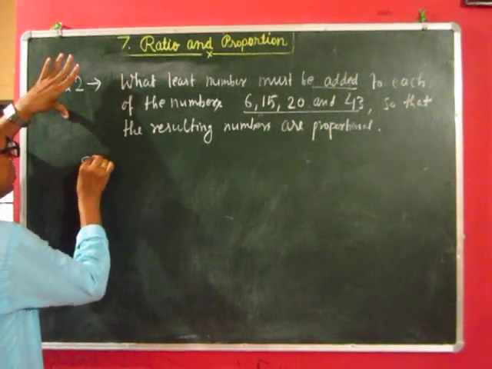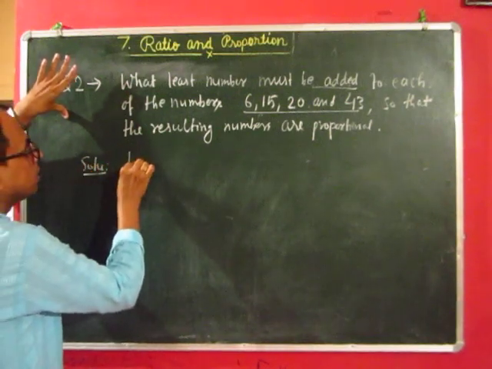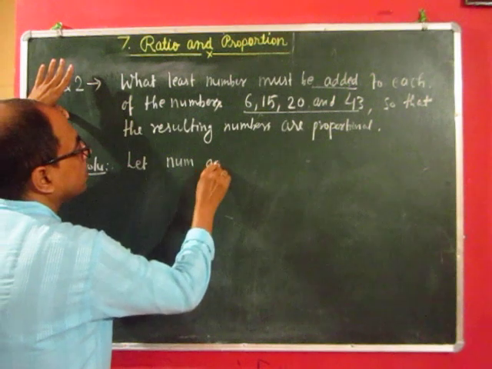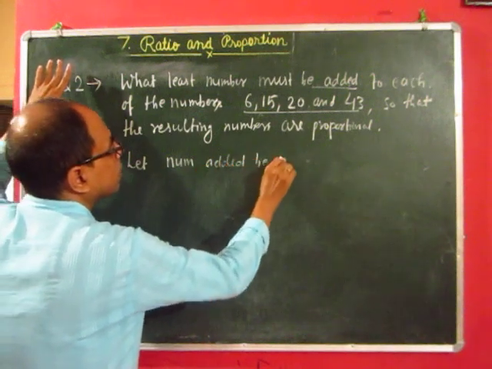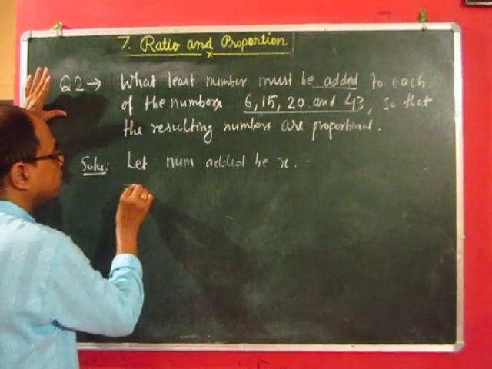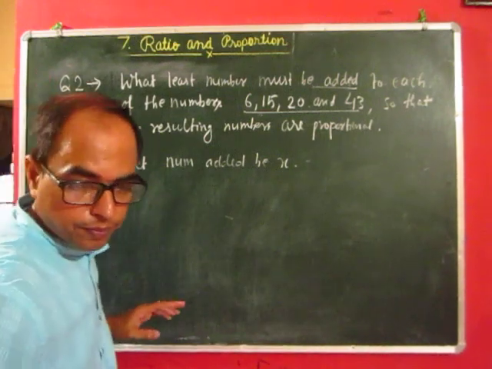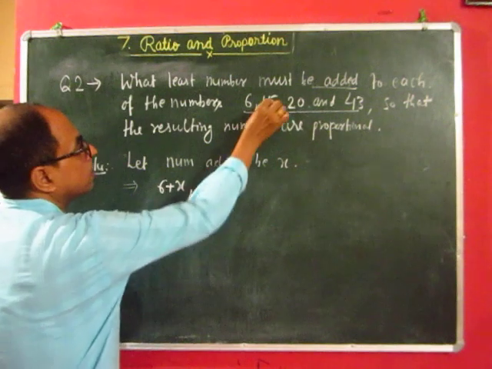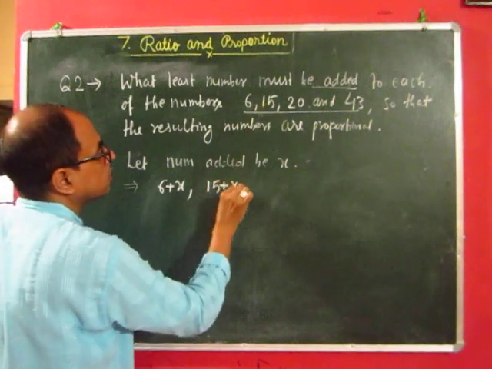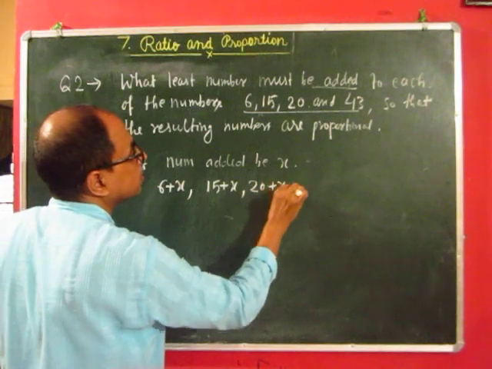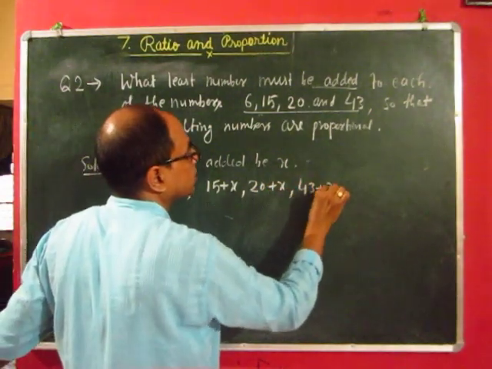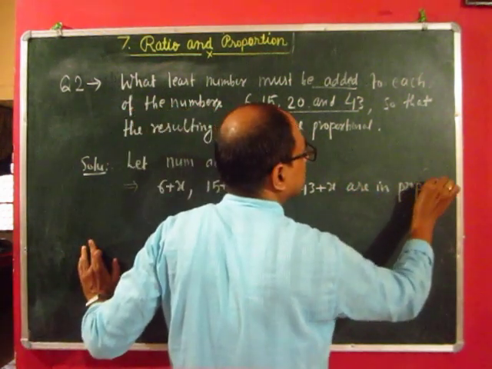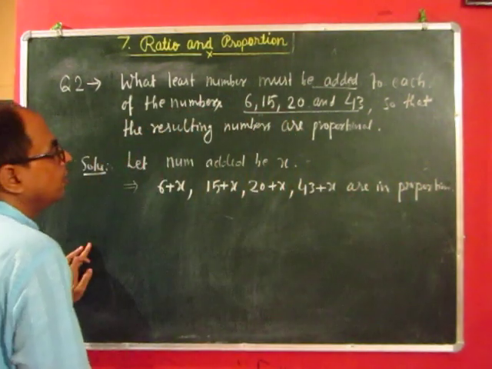So solution: let the number added be x. So this implies 6 plus x, 15 plus x, 20 plus x and 43 plus x are in proportion. Clear?